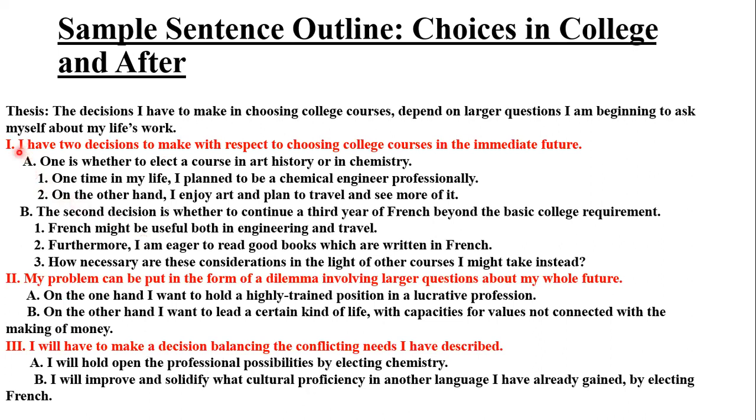And here you find the sentence outline: I have two decisions to make with respect to choosing college courses in the immediate future. And then this section one is whether to elect a course in art history or in chemistry. Second, on the other hand, I enjoy art and plan to travel and see more of it.